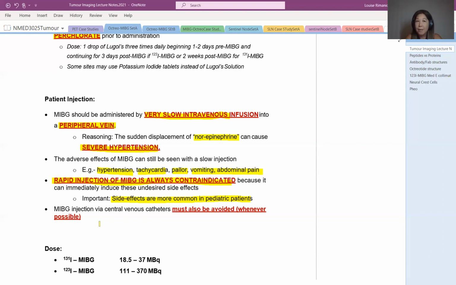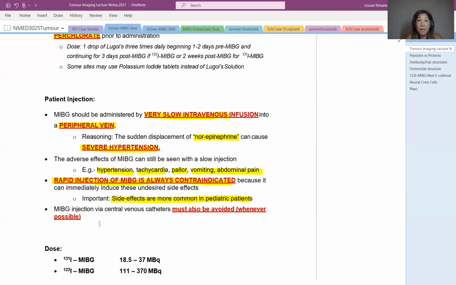So not only does the radioactivity change, but the ratio of MIBG to patient weight in the case of peds goes up. So we had the conversation with them as to whether or not they would consider scaling down the MIBG dose in addition to scaling down the radioactive dose.